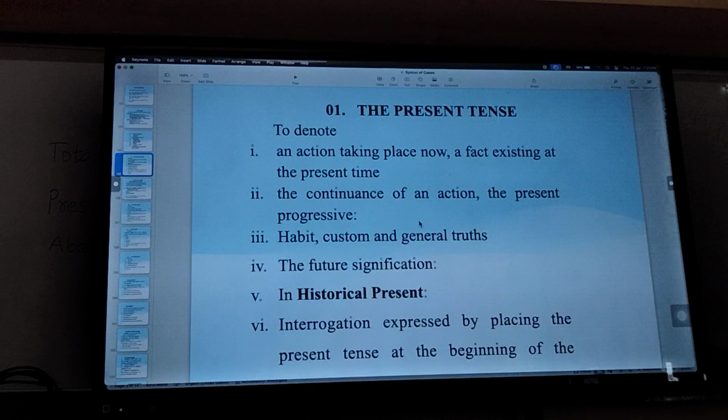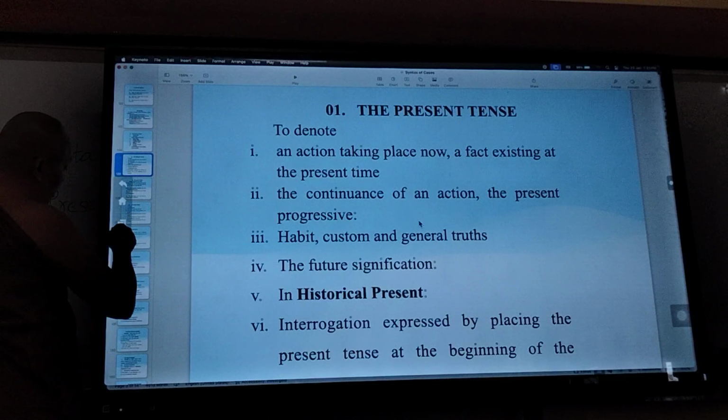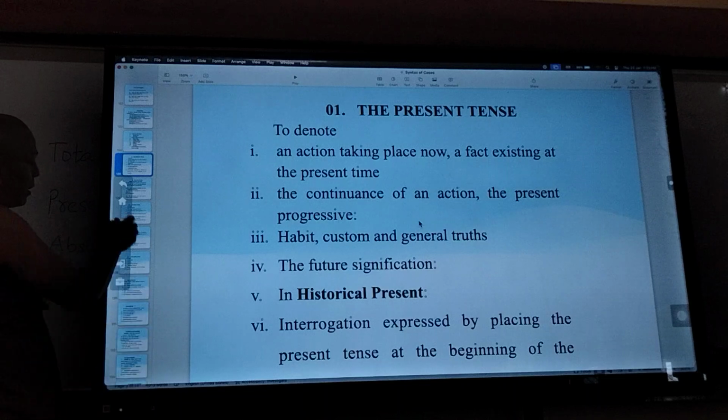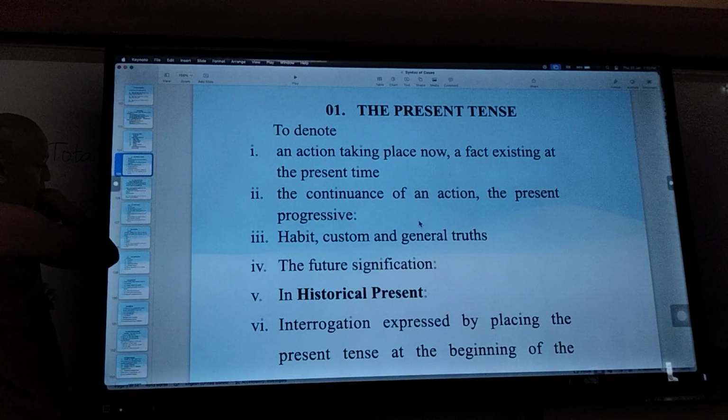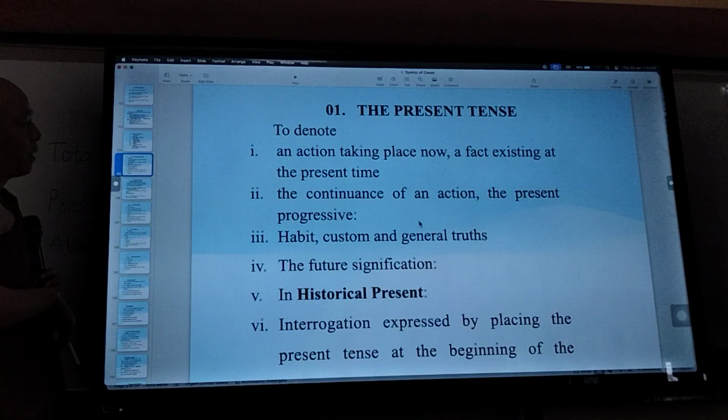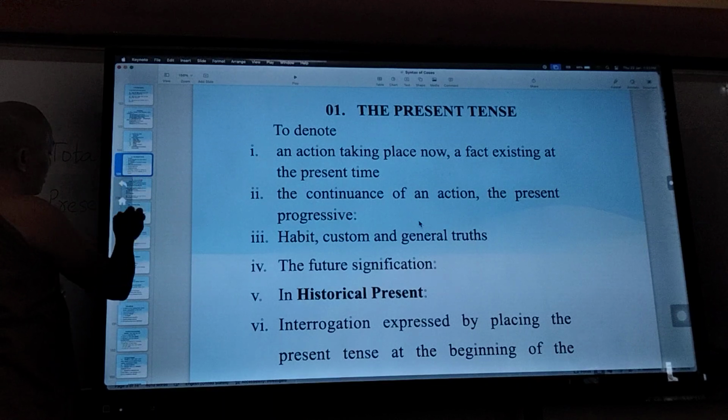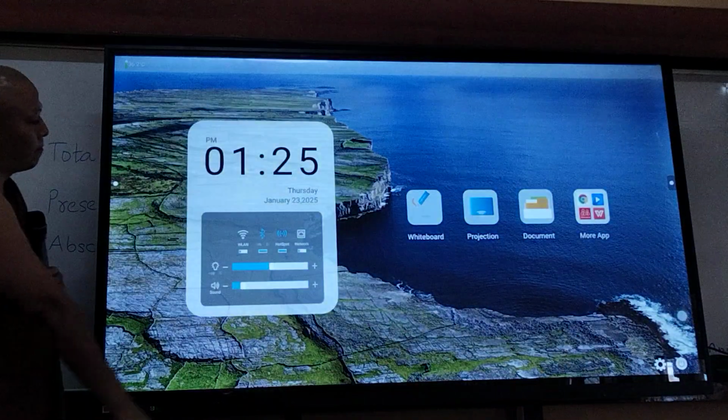To denote that also in Pali, we use the present tense. Sometimes the same verb, but in several tenses, so based on context it can be understood.